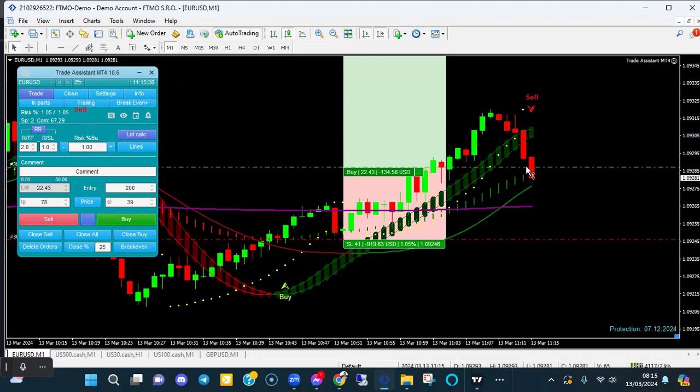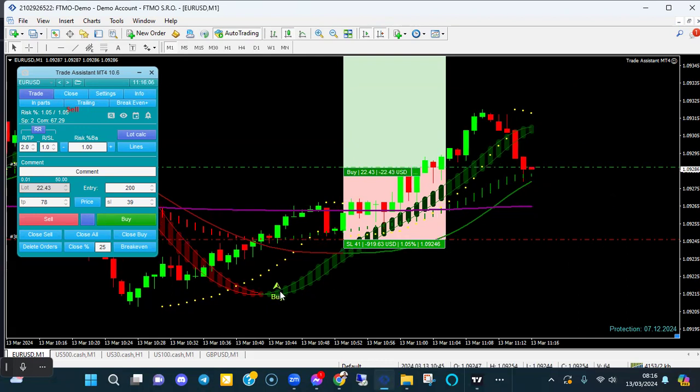Now we're getting a little bit of volume. Price tends to congregate around the purple line a lot more than any of the other areas in the chart. So it could be that price wants to come down and revisit this purple line and go back up again. If there's enough volume for a bit of a sell, obviously it will go beyond that and take us out.